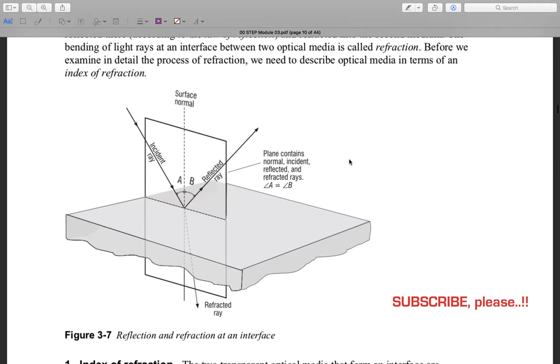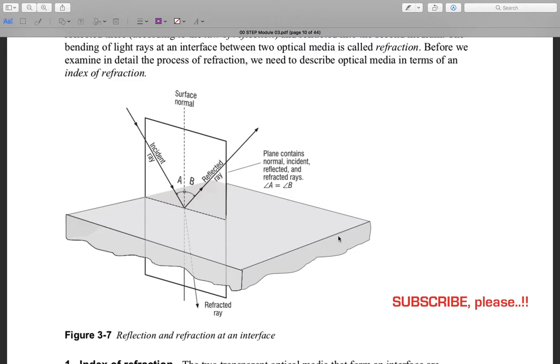Okay, we can see this one. This is the interface between two media, the medium below and the medium above. Let's say this is the three-dimensional view of the ray path. We have the incident ray on the left side, and this is partly the reflected ray and also the refracted ray.